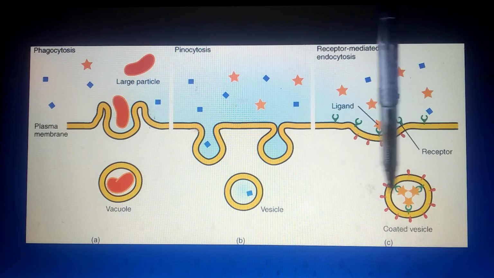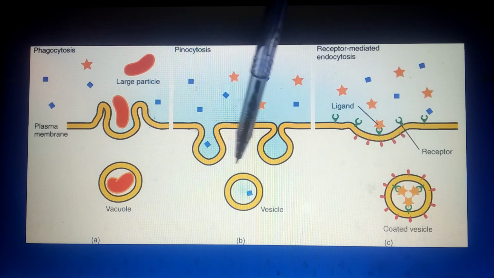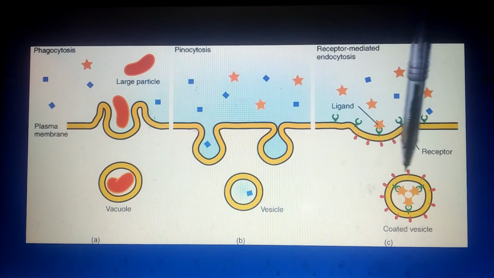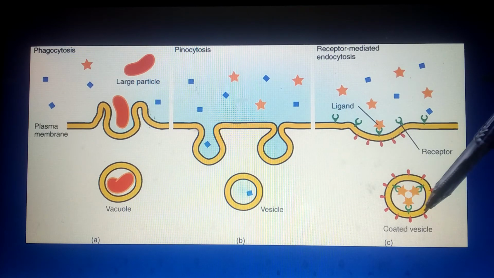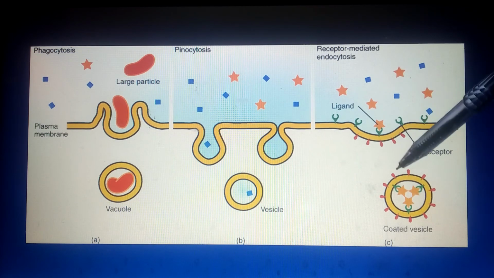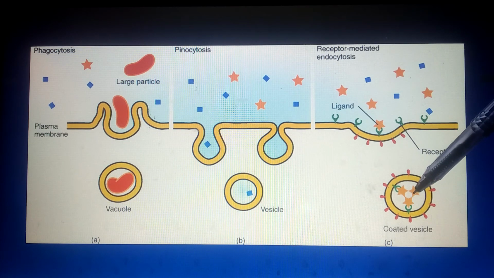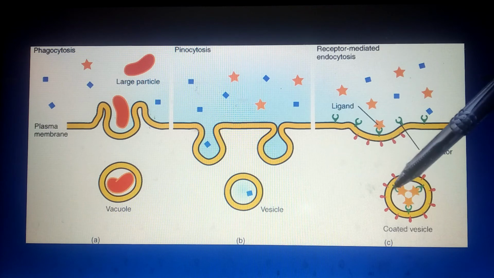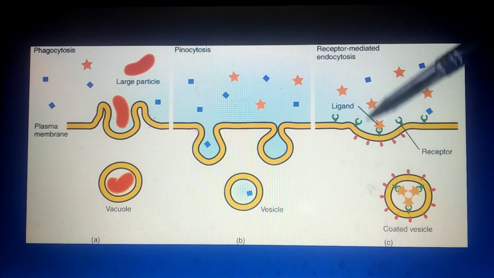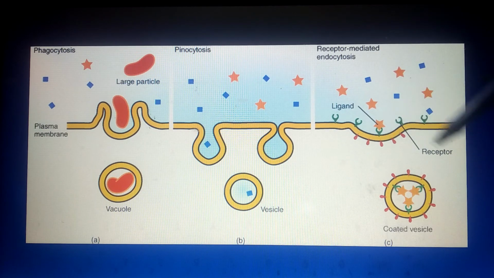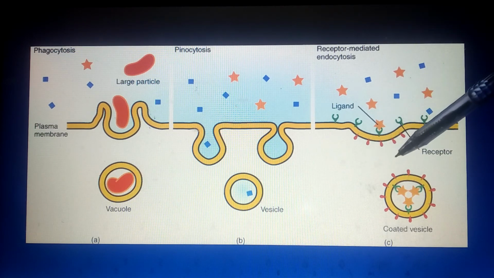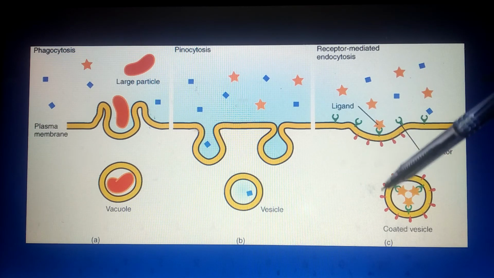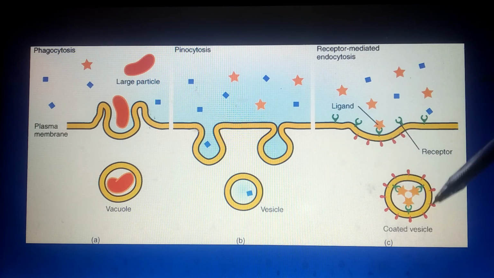And you can see here the coated vesicles. Why? Now simple vesicles, these are the coated vesicles. The reason is that these vesicles are coated with different proteins. Like you can say that the virus enters into the cell, so the receptors first receive and then enter, and the vesicle is produced by the infolding of the cell membrane, and then small proteins attach to that vesicle.